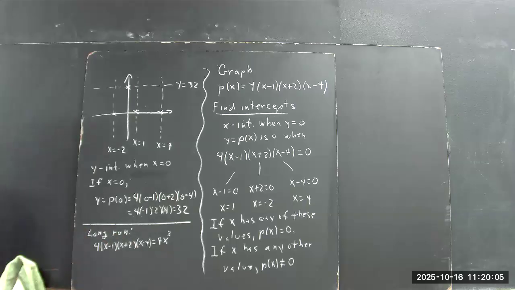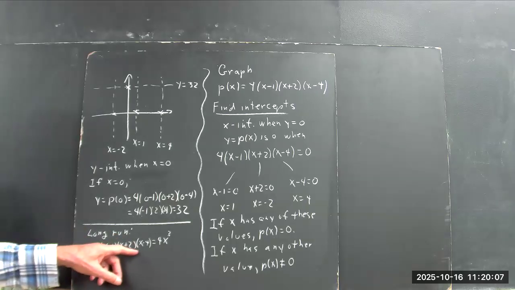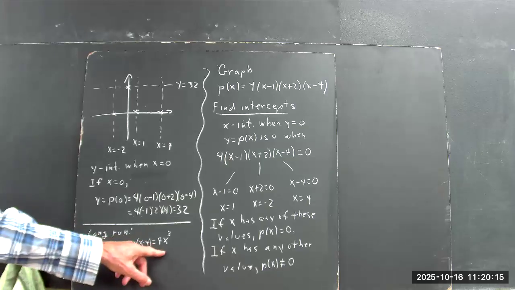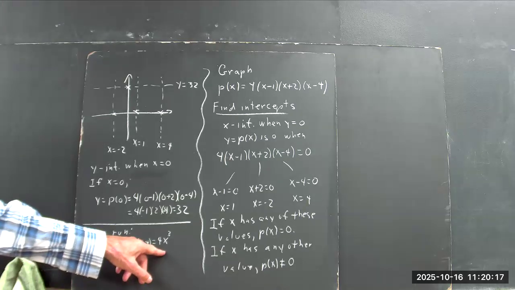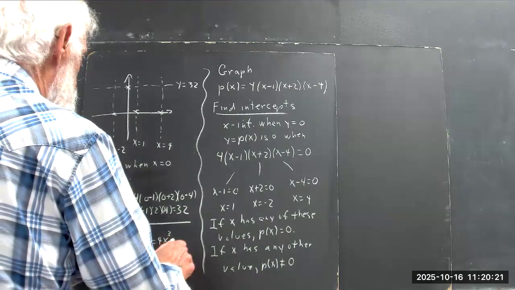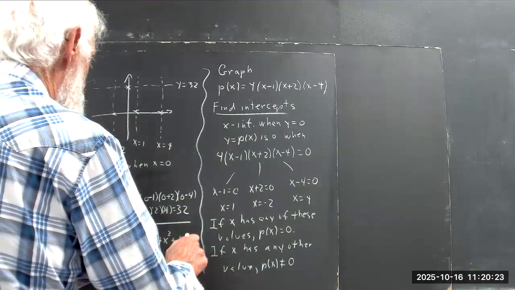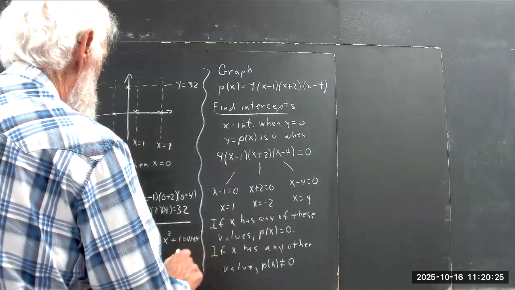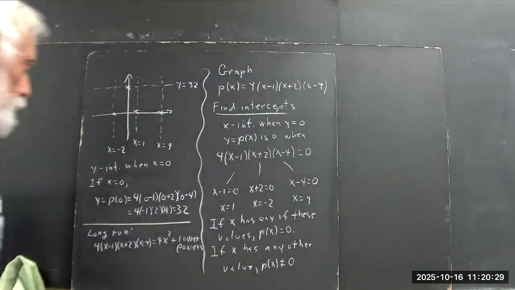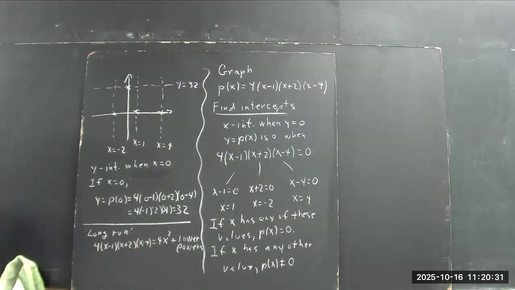If we multiply all this out, we got an x here, an x here, and an x here. That's going to give us an x cubed. And that's what dominates the graph for large x. So I'm going to say that's 4x cubed plus lower powers.